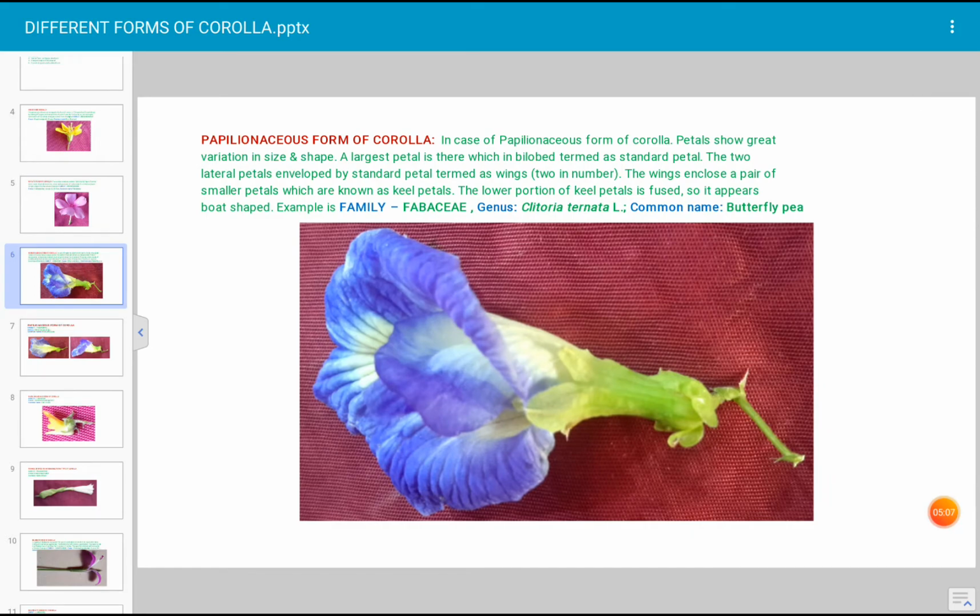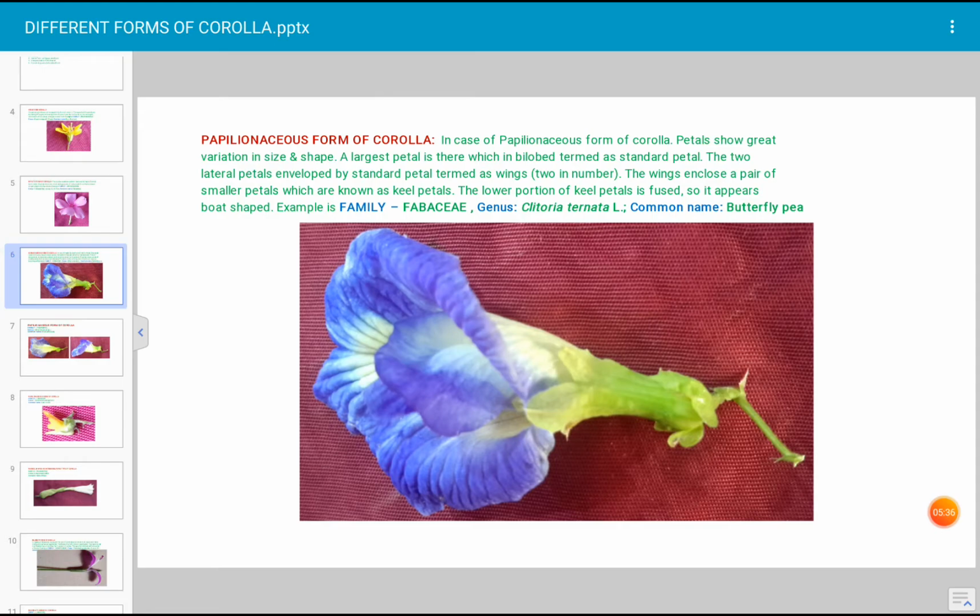Another form of corolla, which is very important. This corolla is a specific, characteristic feature of the family Papilionaceae. Hundreds of plants are present in the Papilionaceae family: herbs, shrubs and trees, but the papilionaceous form of corolla is present in all the plants included in this family.